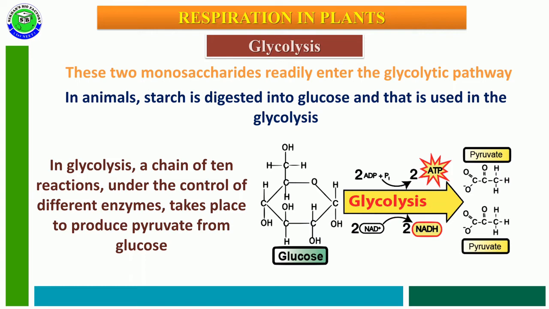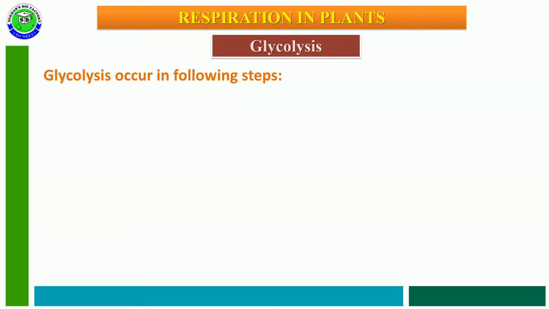In glycolysis, a total of 10 reactions take place under the control of different enzymes. Glucose is split into two molecules of pyruvic acid with the help of 10 steps. To understand the mechanism of glycolysis, the process occurs in the following steps.